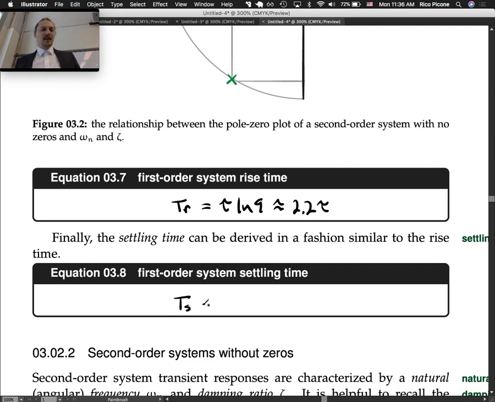And we find that the settling time is equal to negative tau times the log of 0.02, which is approximately equal to 3.9 time constants. So a first order system has a settling time of 3.9 time constants. Sometimes people say 4 time constants because, you know, it's close to 4.